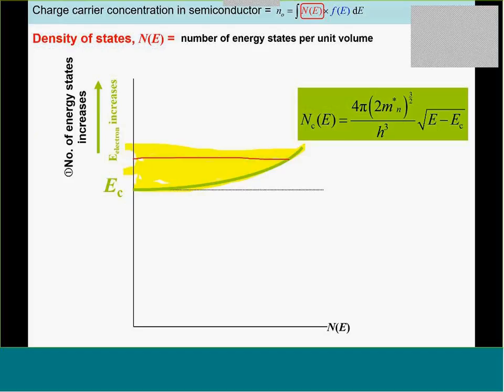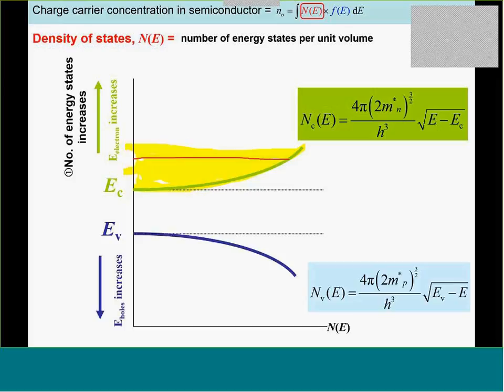For the valence band, the number of hole states increases as we go towards negative y, and that's for the holes, where you use N sub V. So for holes it is N sub V, for electrons it is N sub C, because we know that the movement of electrons is in the conduction band, whereas the movement of holes is in the valence band.